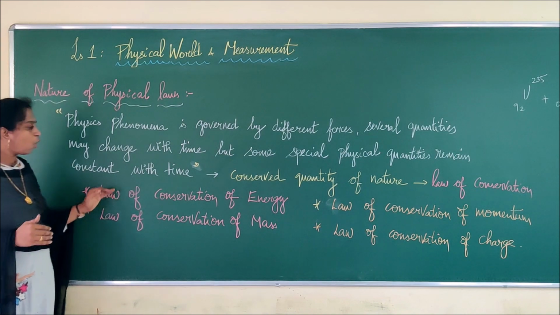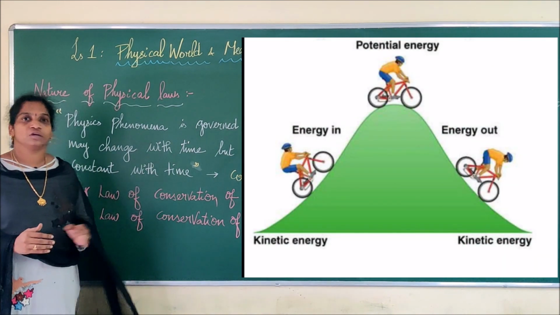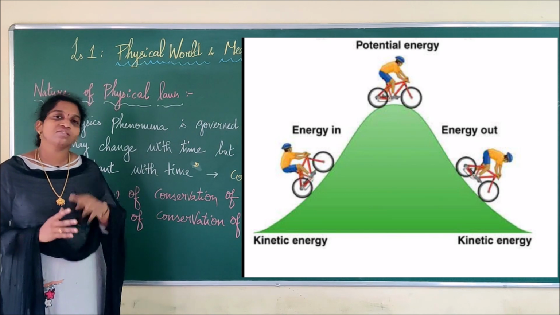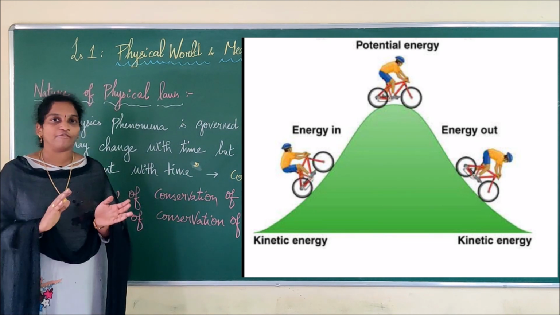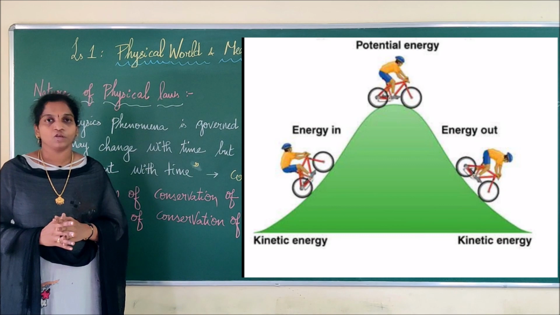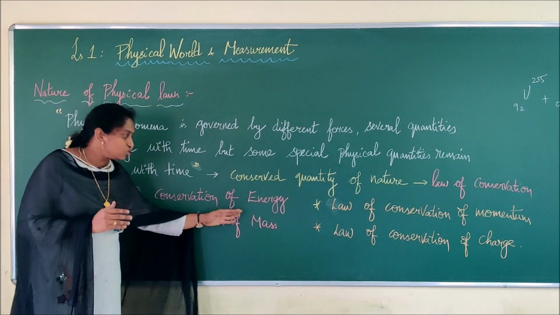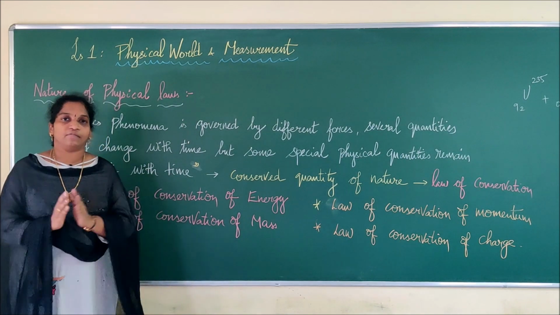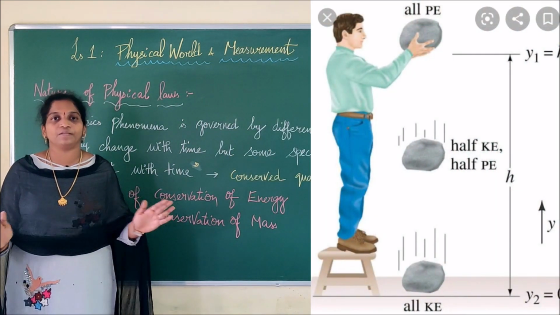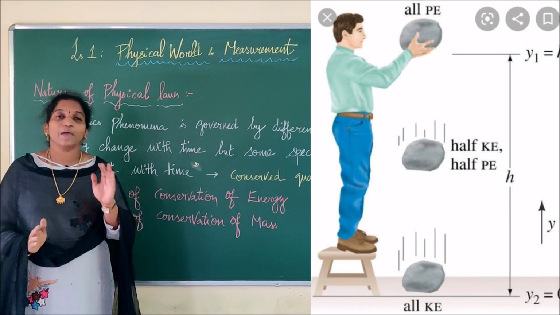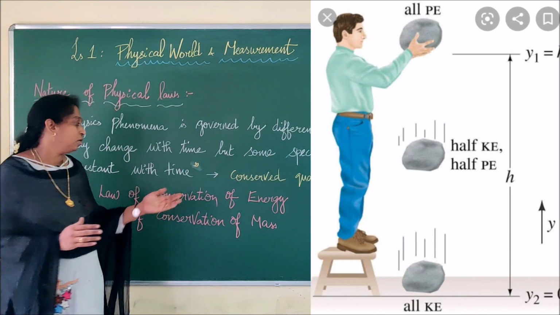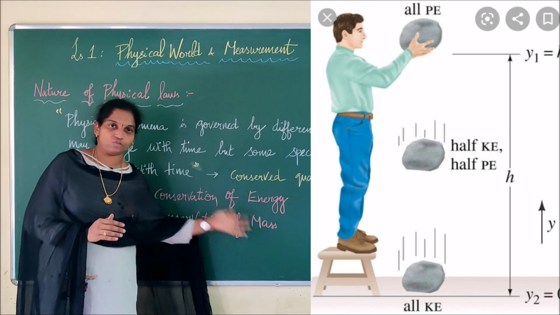The first one is the law of conservation of energy. What I said is conservation means it remains the same. Same means before and after it has to remain the same. So I can say that energy can neither be created nor destroyed, and throughout an experiment or an observation, energy remains the same. We call that conservation of energy.